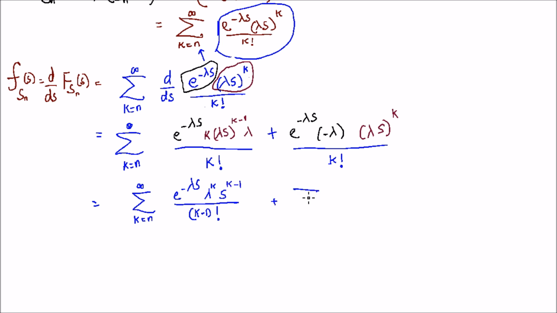That's the first summation. And the second summation is sum k equals n to infinity. Well, we need to change the plus sign to a negative sign because we have a negative lambda there. So therefore, this is e to the negative lambda s times lambda. Well, we have another lambda, so that will be lambda to the power of k plus 1, s to the power of k divided by k factorial.